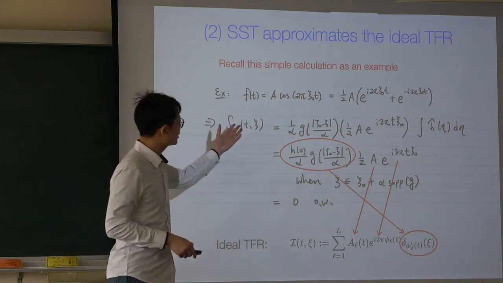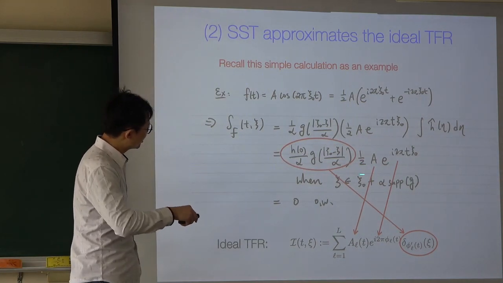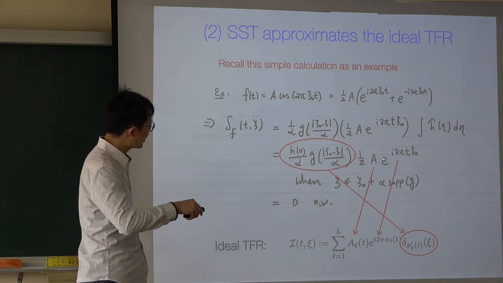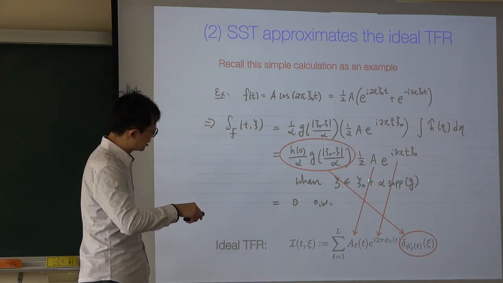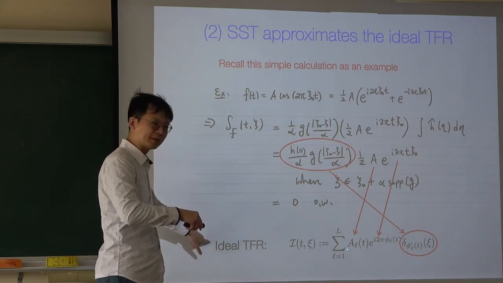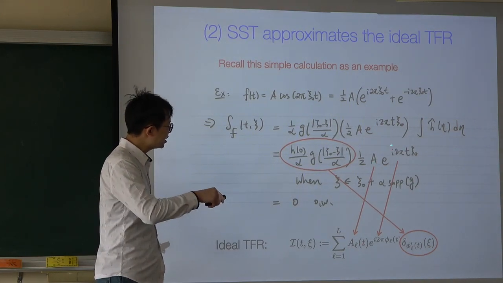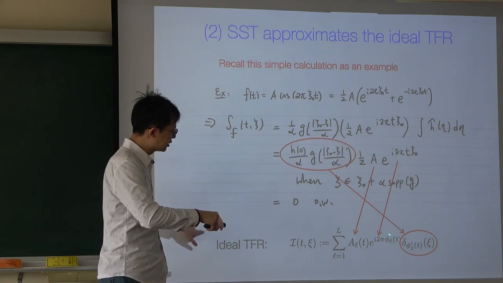And then the synchro squeezing transform, after doing some calculation, will be this result, where you can see the a is actually the A(t) in the ideal time frequency representation formula I gave you. Okay, and this e is the phase, which is here.